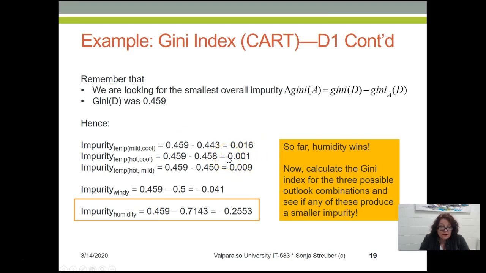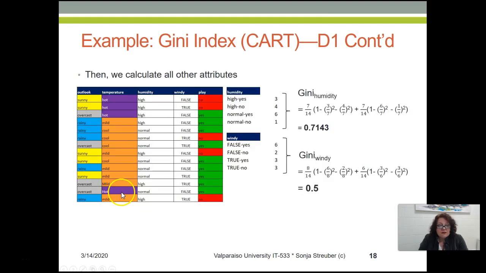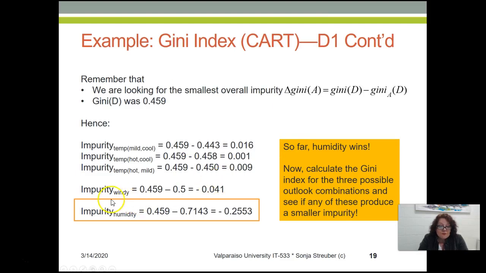Here is the smallest impurity. That's really promising already. But then let's take a look at windy, because for windy we had our Gini calculated at 0.5, and for humidity at 0.7143. So if we want the smallest overall impurity, that is the greatest purity, then we subtract the largest number here.